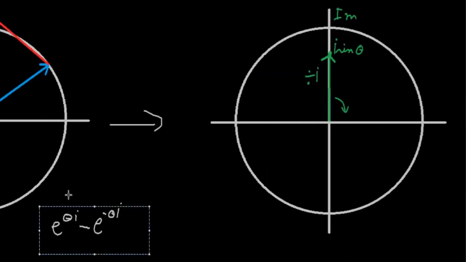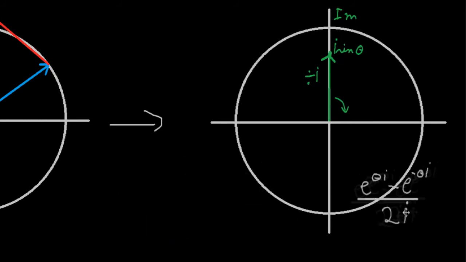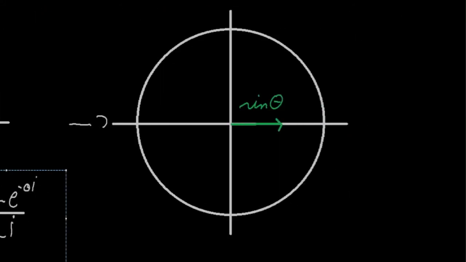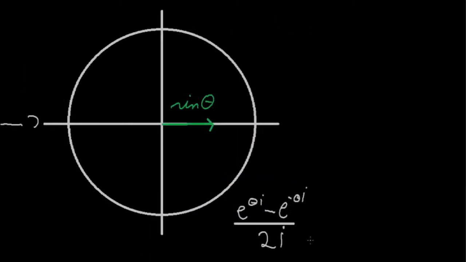Afterwards, we scaled it down by a factor of a half, or by a factor of 2, to get it to the size that we wanted, and then we divided it by I to get it to the real axis, so we can have a real result and not an imaginary result. And this, in the end, gave us, well, as you can see, and as we did it, this just gives us sine of theta.